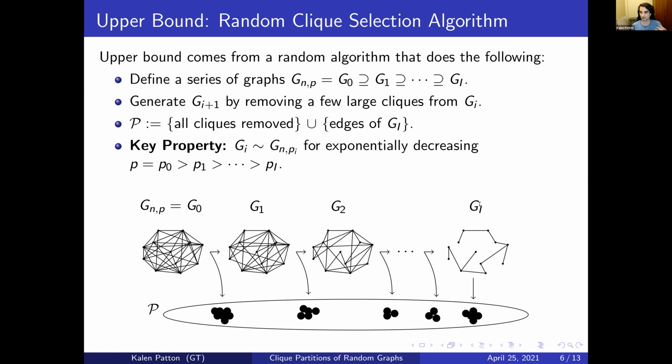So it has a similar number of cliques, and each set of vertices contains a similar number of cliques to the random graph. Because this sequence of edge probabilities is exponentially decreasing, we can guarantee that most of the cliques that we select come from the first few steps of the algorithm, which means that they are cliques of large size in G(n,p), which is what we want.